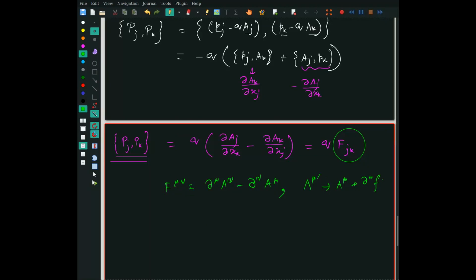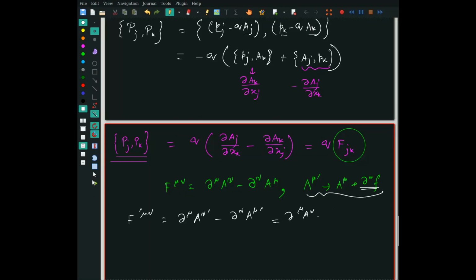If you now calculate F prime mu nu, which is del mu A nu prime minus del nu A mu prime, and you substitute this, you will see that the extra terms cancel out and it gives you back del mu A nu minus del nu A mu, which is just F mu nu. So F mu nu is a quantity that is not gauge sensitive, that does not depend on what value of A mu prime you choose.